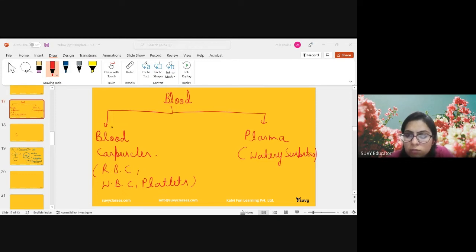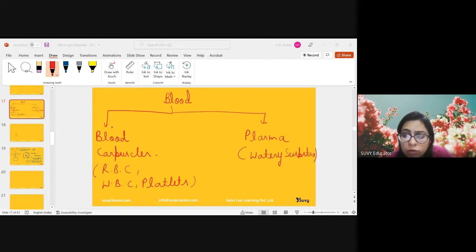So where does this immune system come from? It comes from the white blood cells. These blood cells fight against the infection. So when coronavirus goes to your body, what does this WBC do? It fights against the virus. But the virus is so strong that WBC cannot fight with that virus.